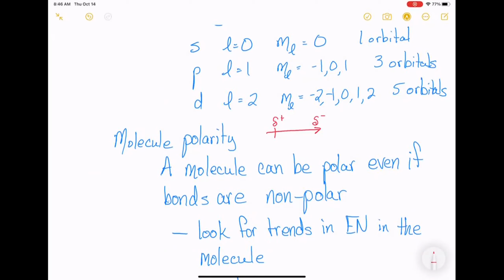And specifically, when we're looking for these trends, we are starting with the molecular geometry. So from the molecular geometry, we're looking for trends in the electronegativity to determine whether a molecule is going to be polar or whether it is going to be nonpolar.